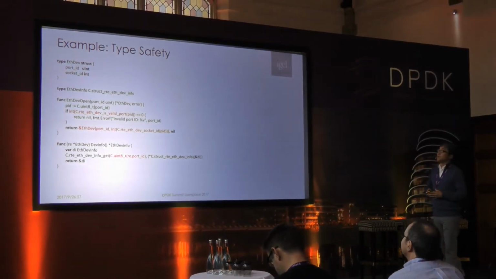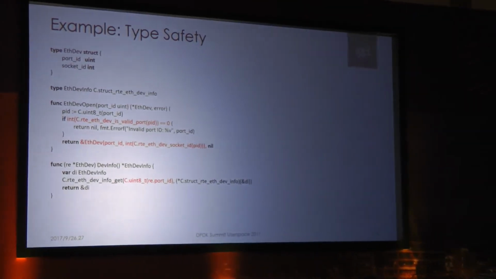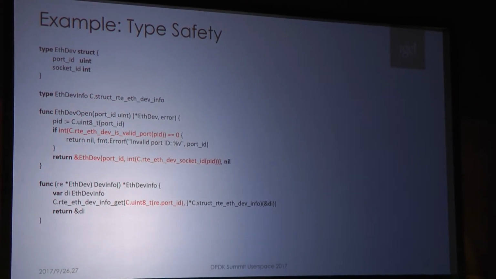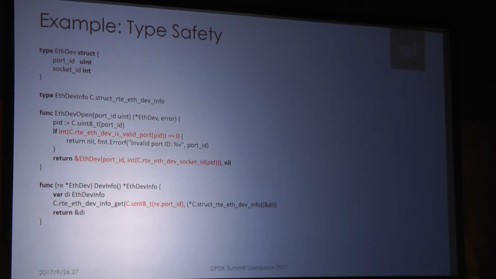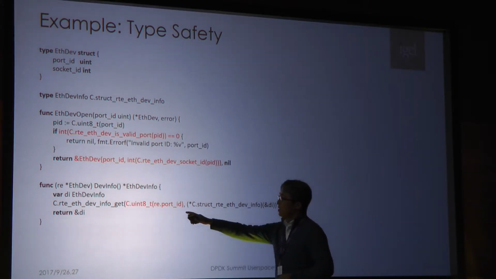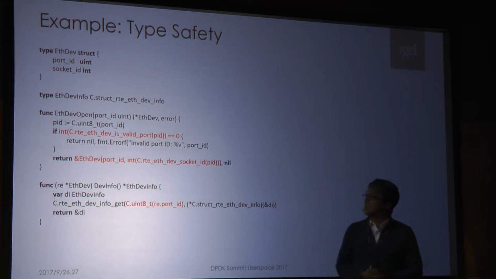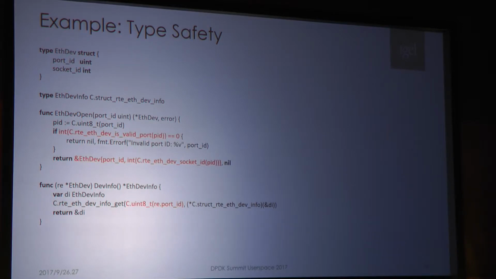We defined a Go-friendly type, wrapped it, and when we call the DPDK API, we convert the type. When getting device info, we want to make sure we are passing the correct port ID, so we define it as a method, not a generic function, so that this function is called on the correct object.